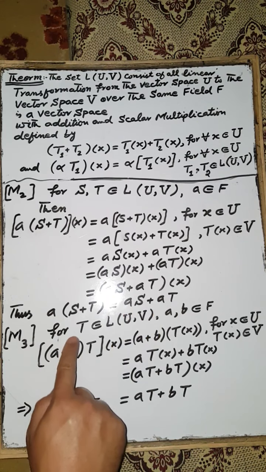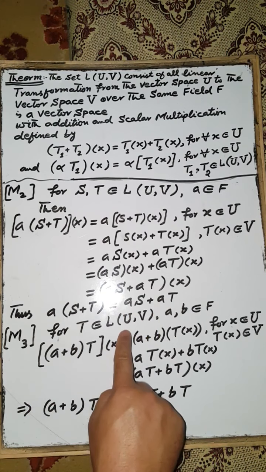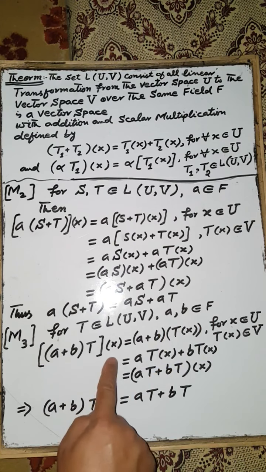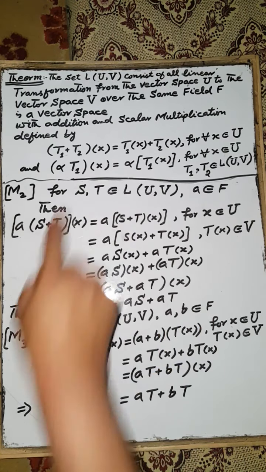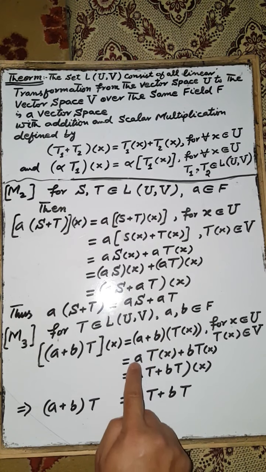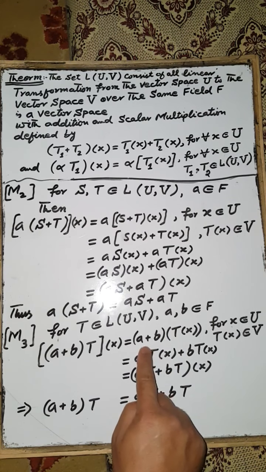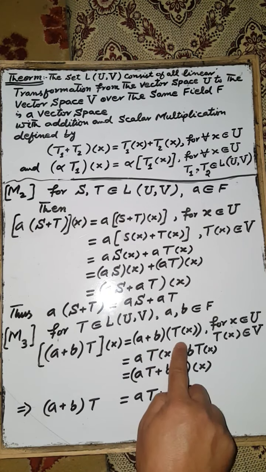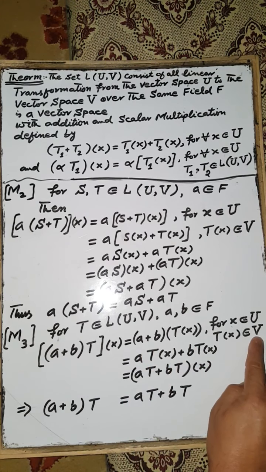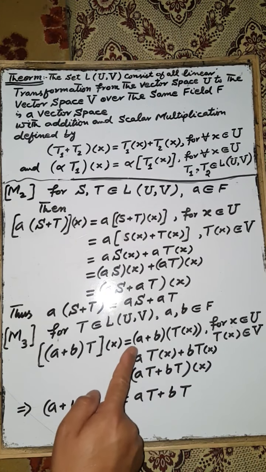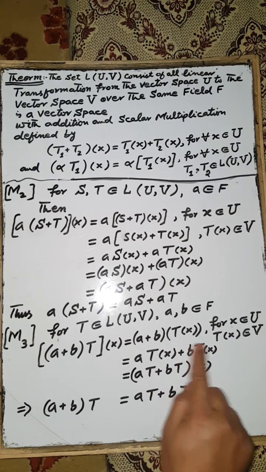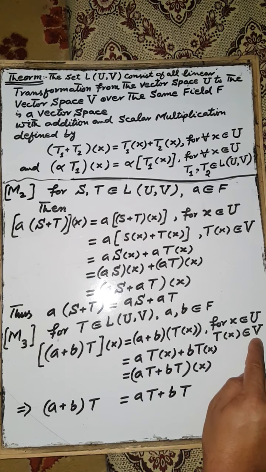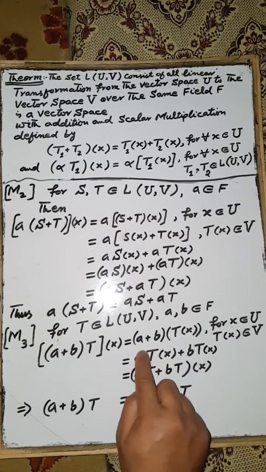Now the next condition is, for any linear transformation T from U to V, and any two scalars A, B from the field, (A + B)Tx is equal to, according to the second condition, (A + B) times Tx, and multiplying both terms with Tx, ATx + BTx, because Tx is an element of the vector space V and A, B are elements of the field, therefore we can multiply the element of the vector with the sum of the elements of the field.